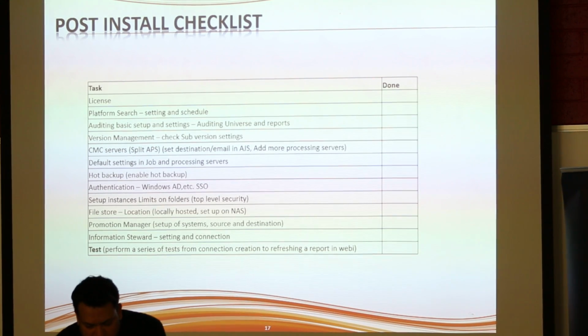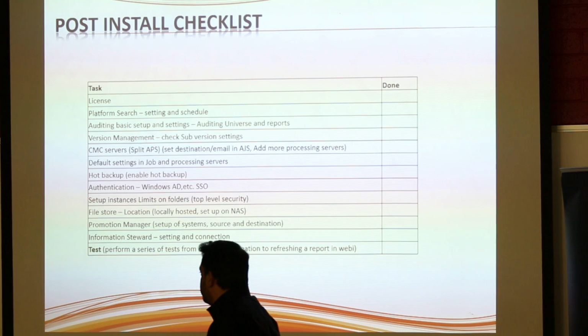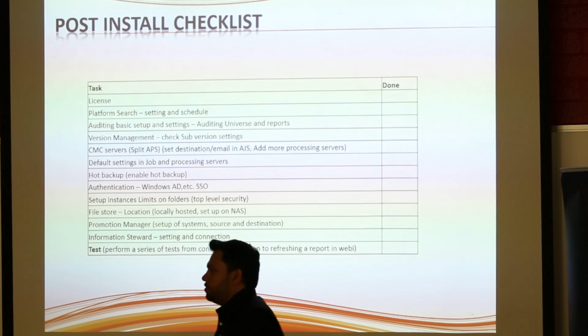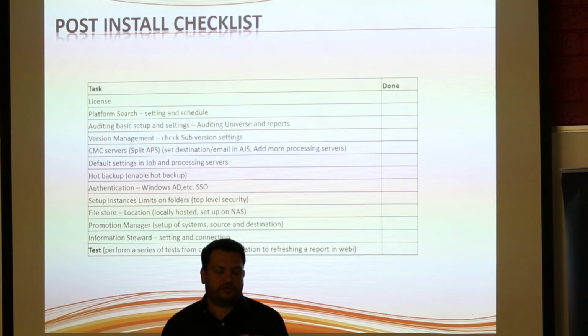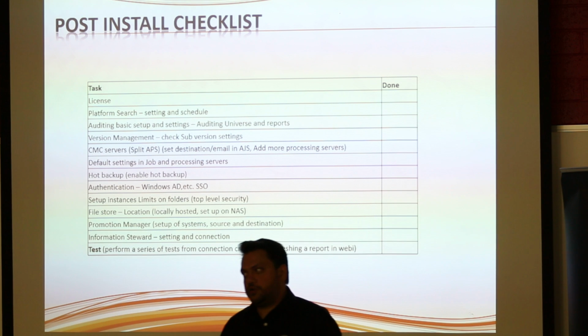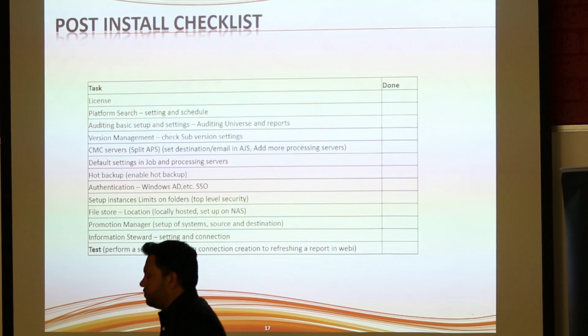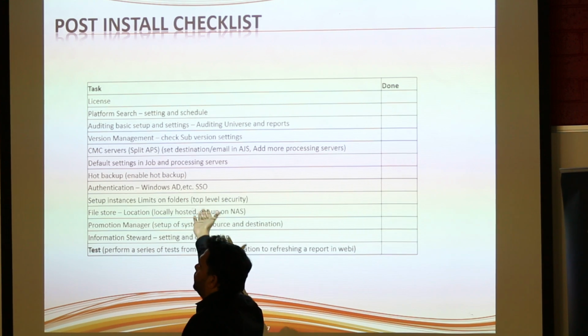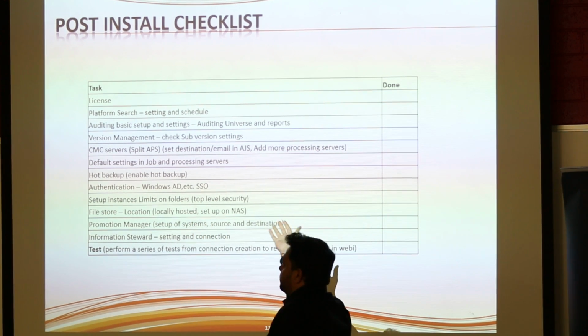Post-installation checklist. Again, this is a generic one, a decent one, a good one to have. If you use this, you will build upon it because each organization is unique. Some use open documents, some do not, so that should be part of your checklist. Is your license changing? Go and check if it's still the same.